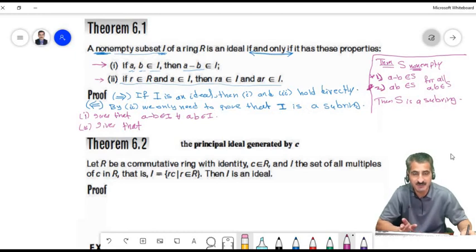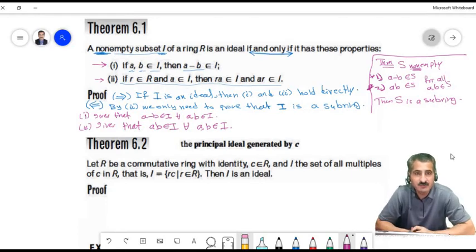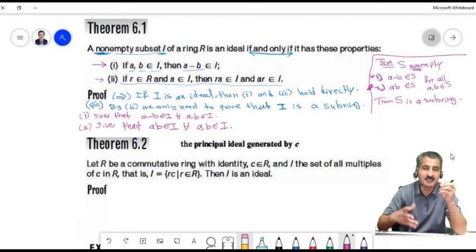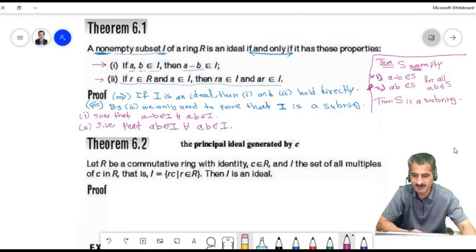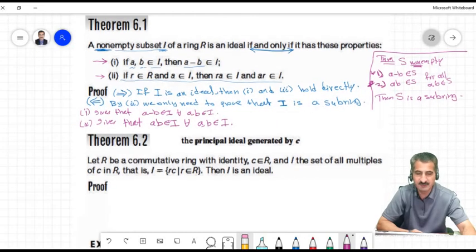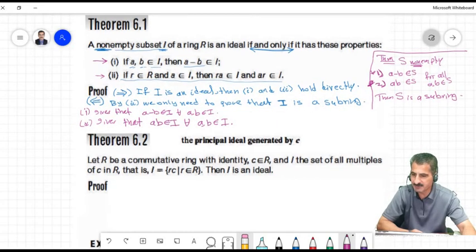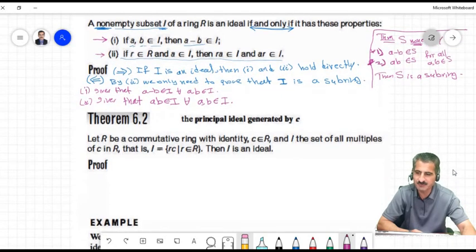So if we choose the other element r also from the ideal I, then that will mean any 2 elements of the ideal I, multiply them, we stay there. So that means it gives that a times b belongs to I for all a and b belonging to I. Okay, because again 2 says multiply any element of I with any other element from the ring. That other element from the ring could be also in I, so the multiplication stays in I as given by the hypothesis, and then we achieve the second axiom needed for a subring. Okay, so we proved I is a subring and the absorption property, so I is an ideal.